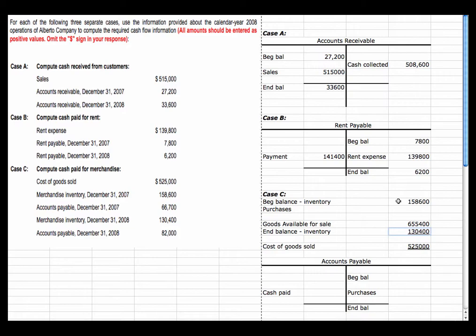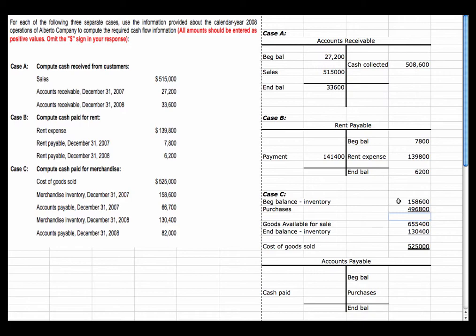Now, if this is my goods available for sale, and I know what I started with, I could determine how much I purchased. If $655,400 is what I had in total, and I started with $158,600, the difference between those is how much I purchased.